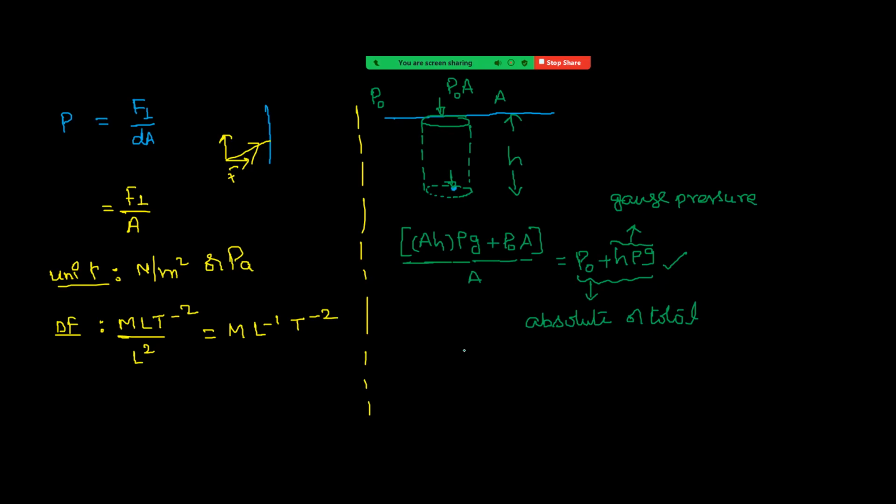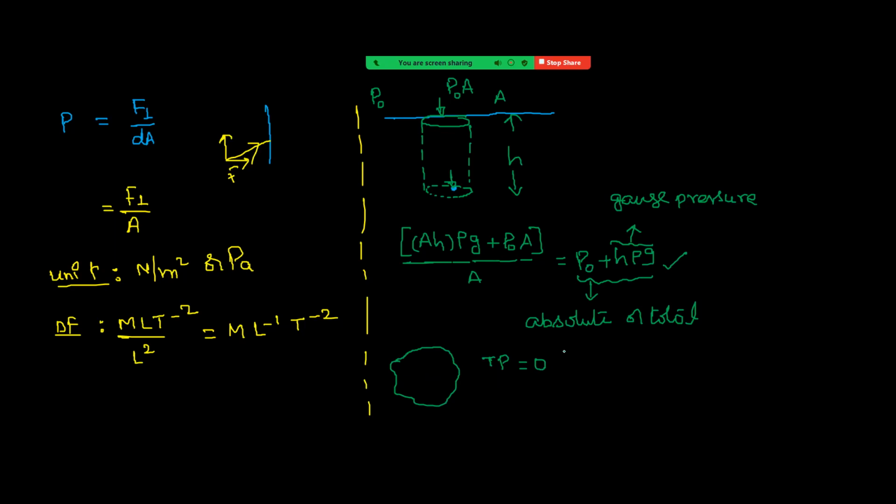For example, let us take a vessel which contains no gas. No gas inside means there is no pressure inside. That means the total pressure is 0. So we have taken one vessel, inside there is no gas.